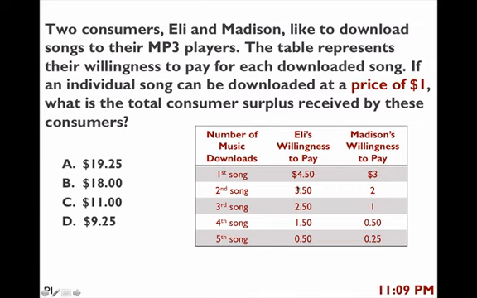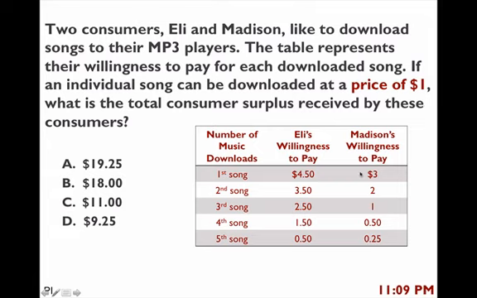He also buys the second song and he makes $2.50 of surplus on that, and you add that to the $3.50 here. He also buys his third song and he makes $1.50 on that, and he also buys the fourth song and he makes 50 cents on that. So we got $3.50 plus $2.50, that's 6, plus $1.50, we got $8.50, so that's basically $9.